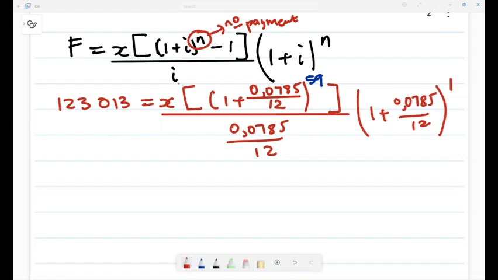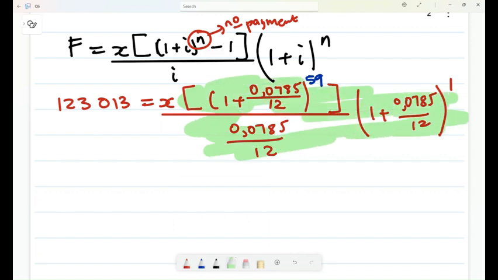You're gonna punch all of this part on your calculator. Let's do that. It's gonna be first bracket 1 plus 0.0785 divided by 12 to the power of 59, right? Minus 1, you close the bracket.